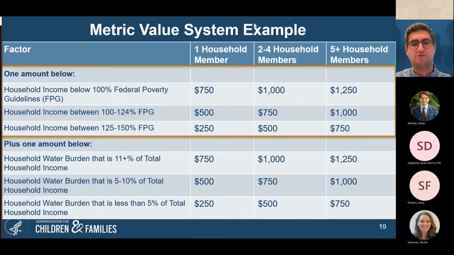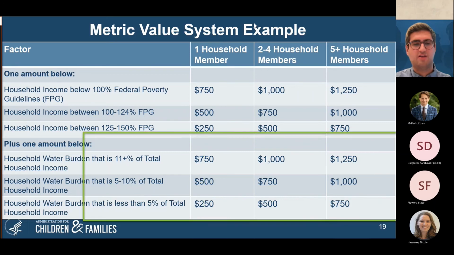For example, a household with 3 eligible members at 130% of the federal poverty guidelines will receive $500 for this factor. The second factor awards points based on the household water burden. Based on household water burden and the number of household members, an amount is given. For example, a household with 3 eligible members at 12% of the household water burden will receive $750 for this factor.